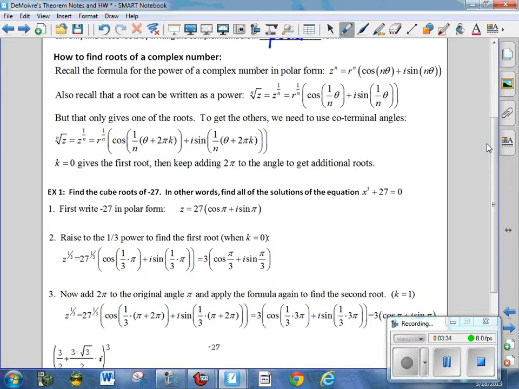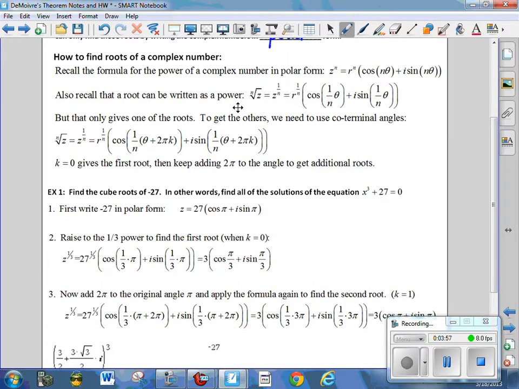You might recall that we did a formula for powers. A power of a complex number, z to the n equals r to the n times cosine n theta plus i sine n theta. So we raise r to the nth power and we multiply theta by n. Also recall that a root can be written as a power. So if I say the nth root of z, that's the same as saying z to the 1 over n.